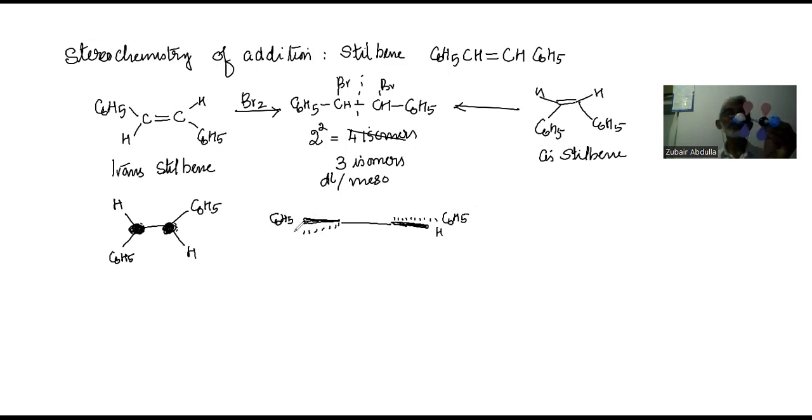So you have the H and H. Now this is the p orbital, or pi bond.